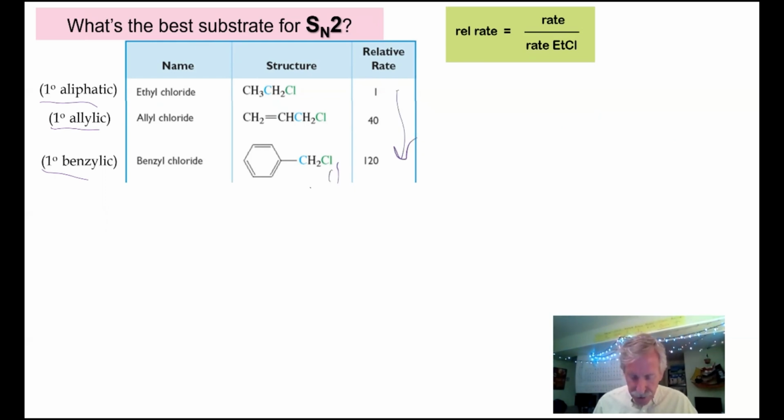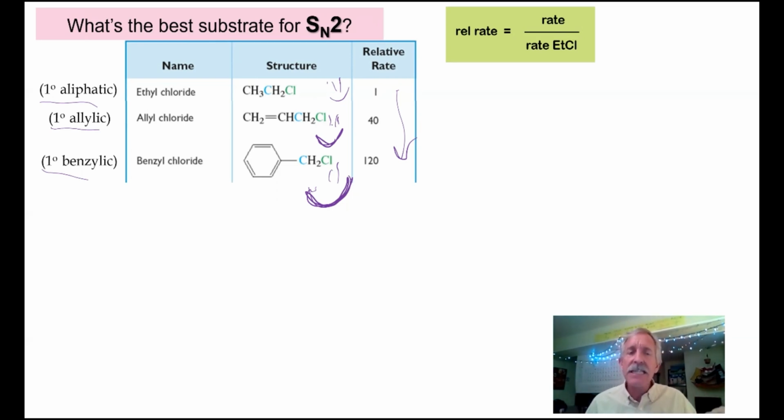That this primary benzylic is awesome, but the primary aliphatic is good, and you can see not so bad being primary allylic. So just being on a primary is great, but why does being on a benzylic or allylic carbon cause it to react 40 to 120 times faster?